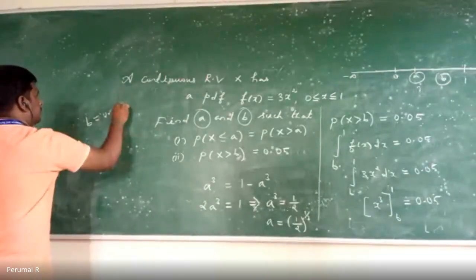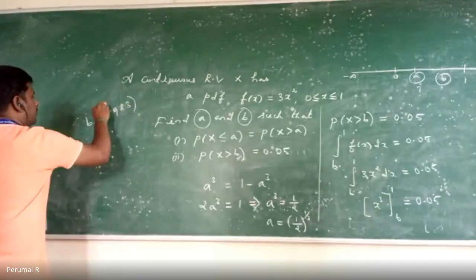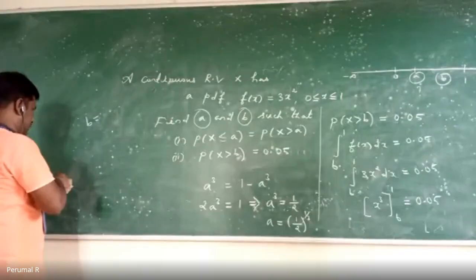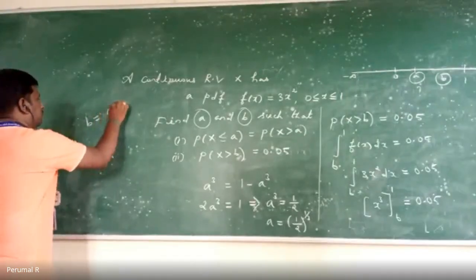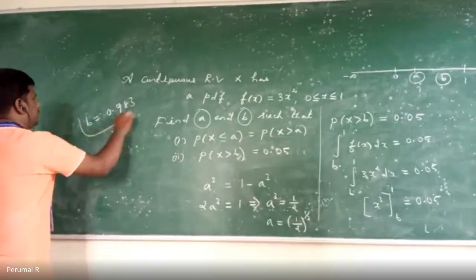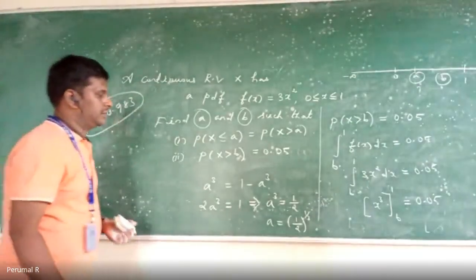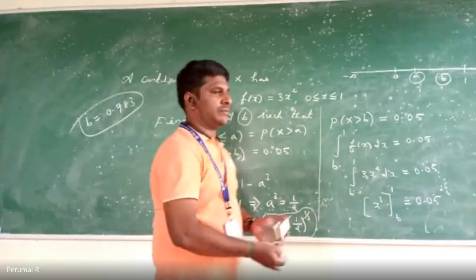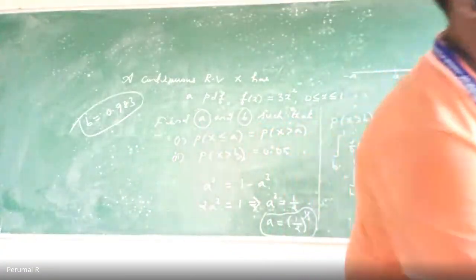Final answer, 0.983. Okay, so this is your b value. In this way you are finding the a and b values.